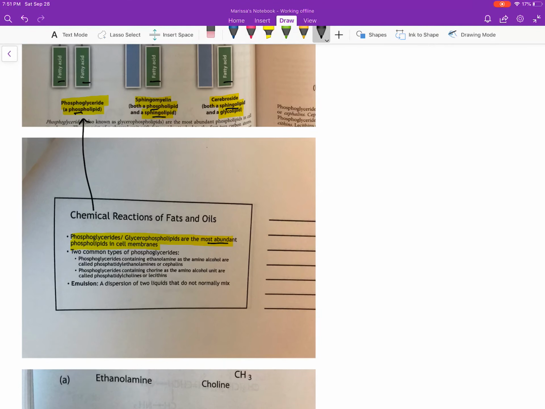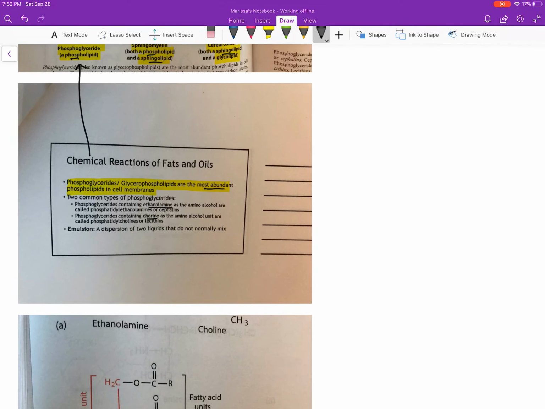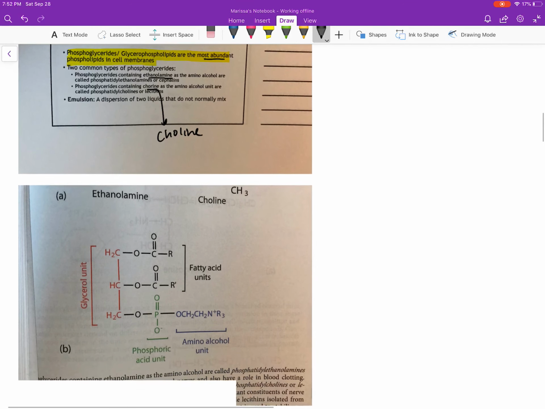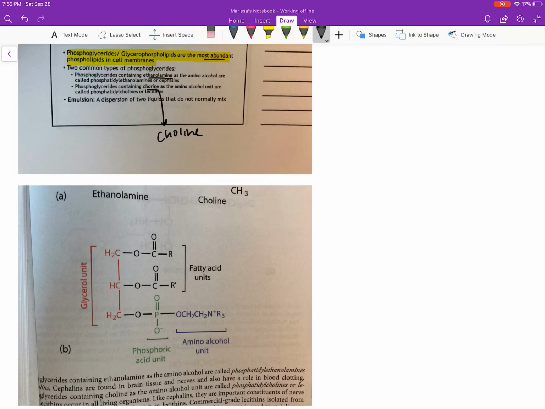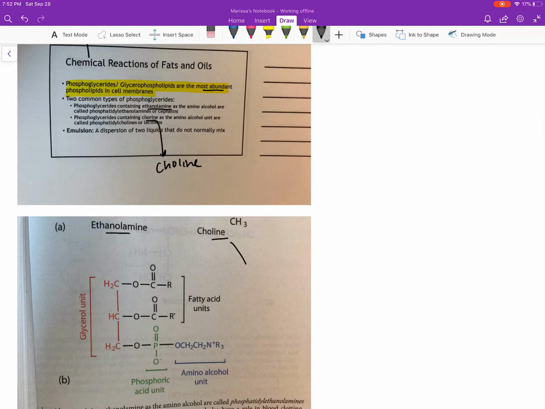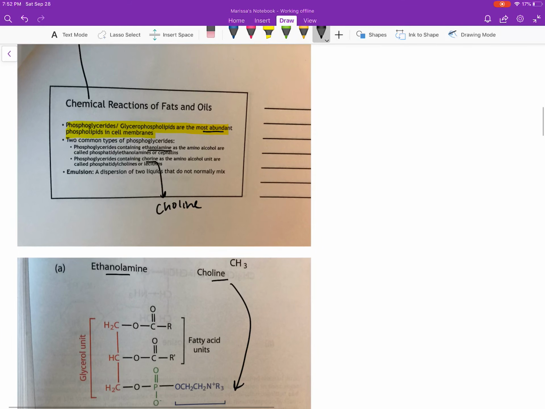The one that contains ethanolamine as the amino alcohol, and the one that contains choline as the alcohol. Okay? And so up here, this is an example of that, and you can see that the ethanolamine or the choline are the differences in that amino alcohol group. Okay. So two different subgroups based on that.